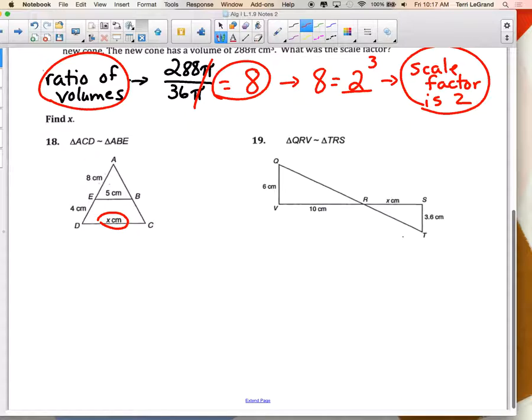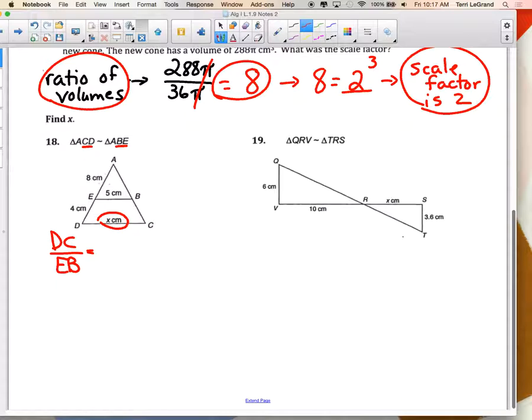So let's look at what we have here. We have AE, we have ED, we have EB, we have DC. Since we're looking for x, maybe we should start with DC. DC, what does that correspond with? EB. Okay, that takes care of these two.